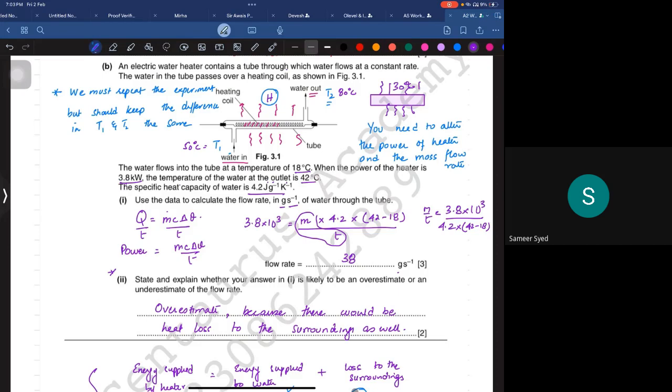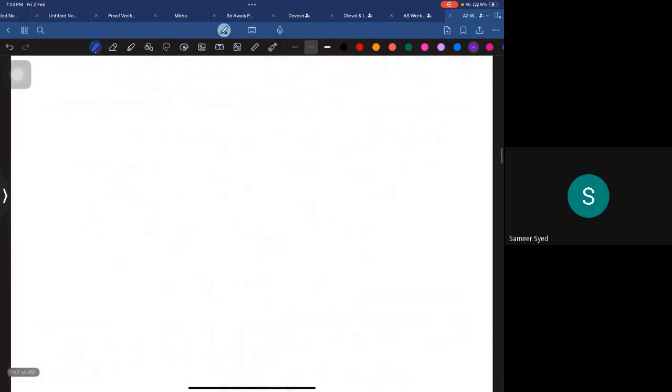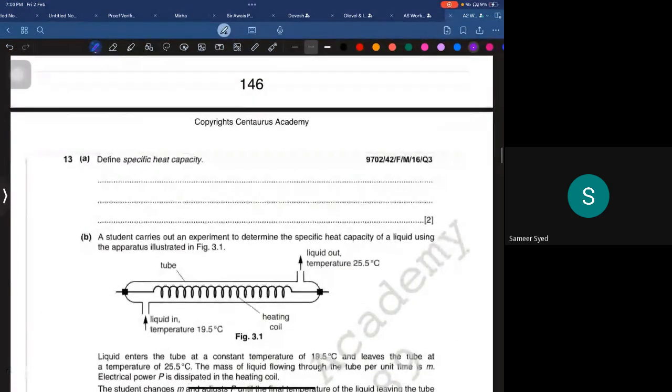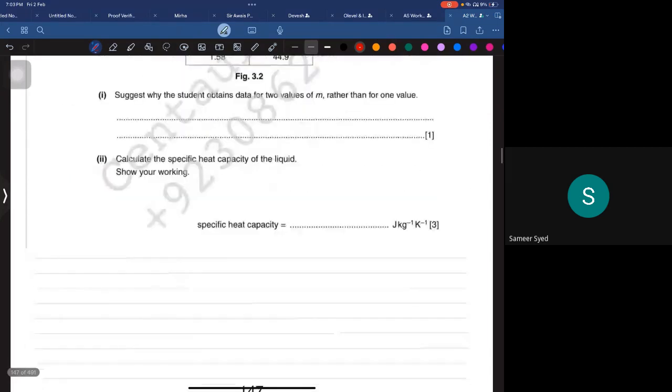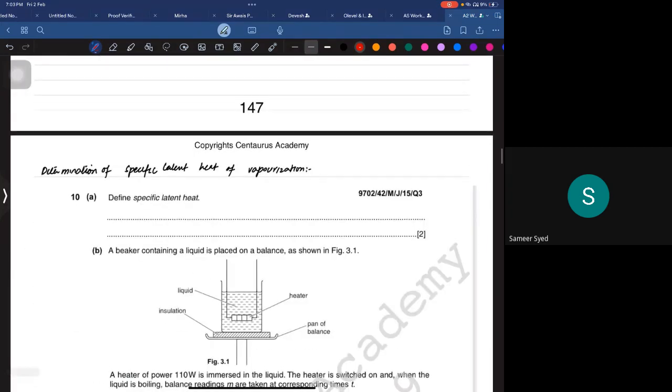Okay, now let's go to the next. The next question that we see here is basically a similar sort of question. So I'm going to give this as homework because I know Abu Bakr likes homework so much. And now we're going to go towards the specific heat capacity, specific latent heat of vaporization, right?